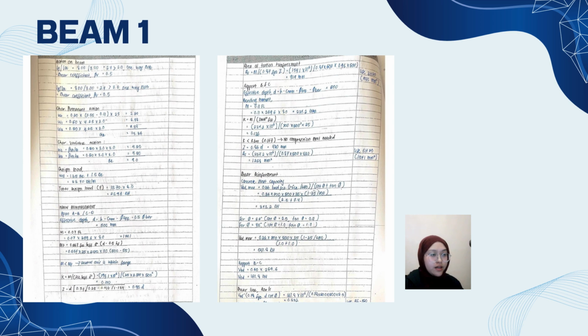Step 4. Design load calculation. After identifying the actions, we calculate the total design load using the Eurocode safety factors: 1.35 Gk plus 1.5 Qk. This results in a design load of 33.70 kN per meter.